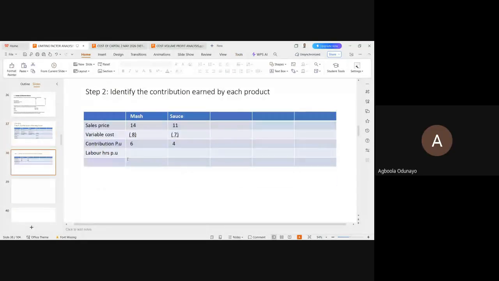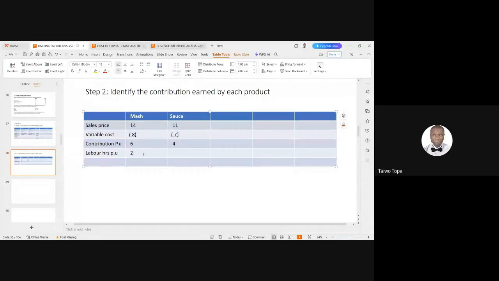For sauce, we need 1 hour. So your contribution per limiting factor will now be 6 divided by 2, which is 3 naira, and 4 divided by 1, which is 4 naira.